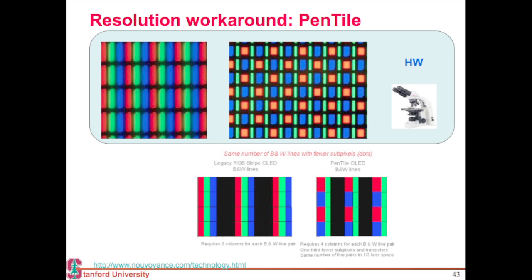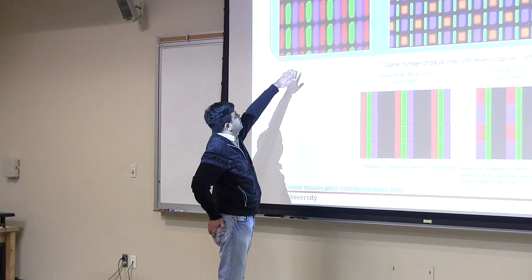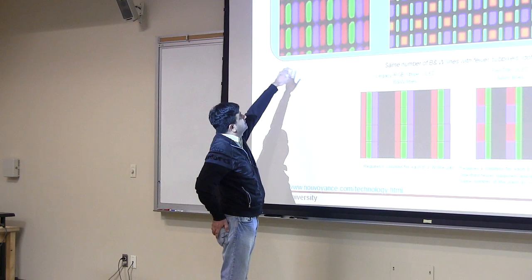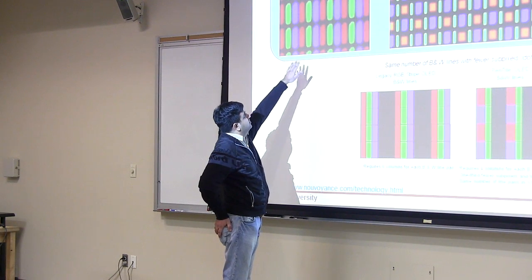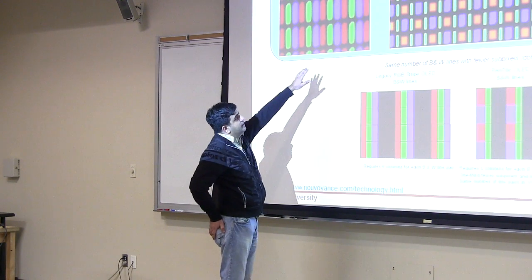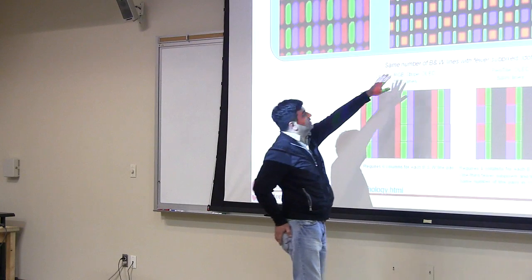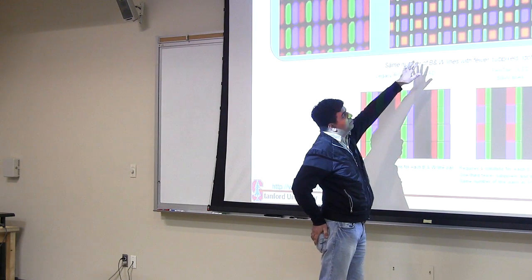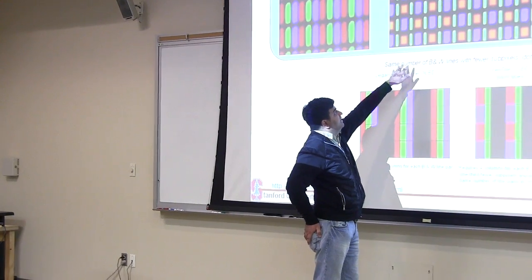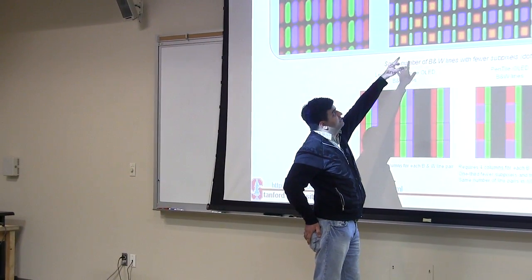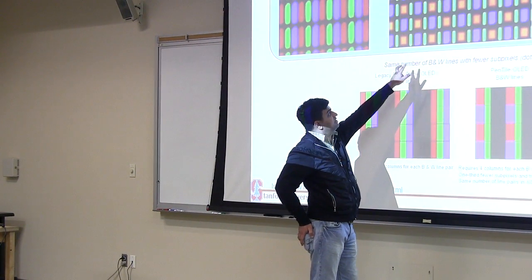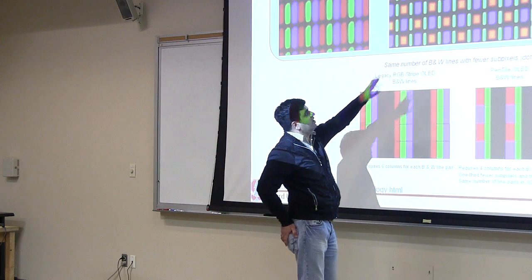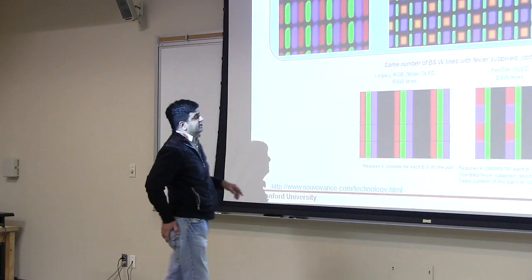In the LCD display which you have in your iPhone, you'll see a very regular array of red, blue, and green. If you look at an AMOLED display, that OLED display that Samsung ships, it would have twice the number of greens, and these green pixels would be actually smaller, and it would have half the number of blue and red.